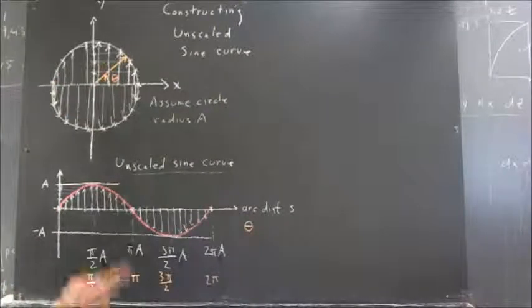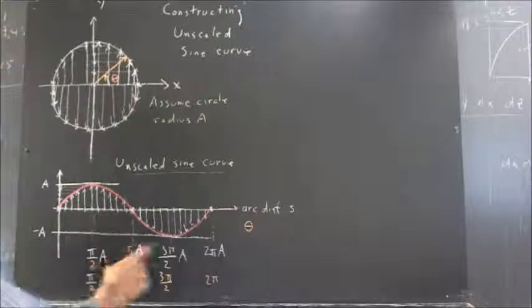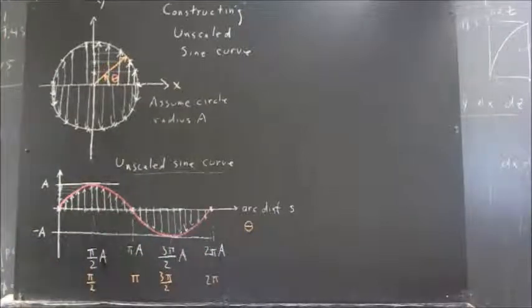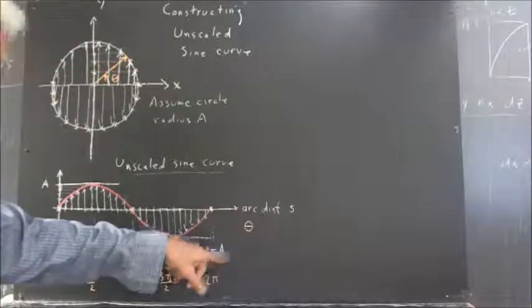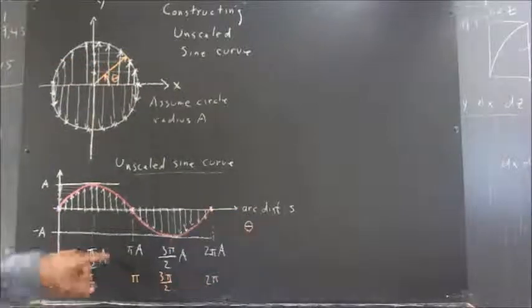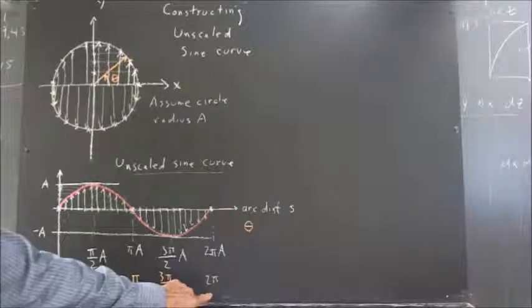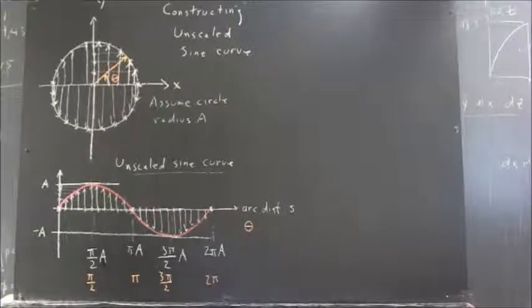Okay, now instead of multiples of r, we have multiples of a, which is the presumed radius of the circle, and when we divide the arc distance along the circle by the radius, we get the angles. Okay, these are in radians, but we don't have to write a unit when we have an angle in radians.